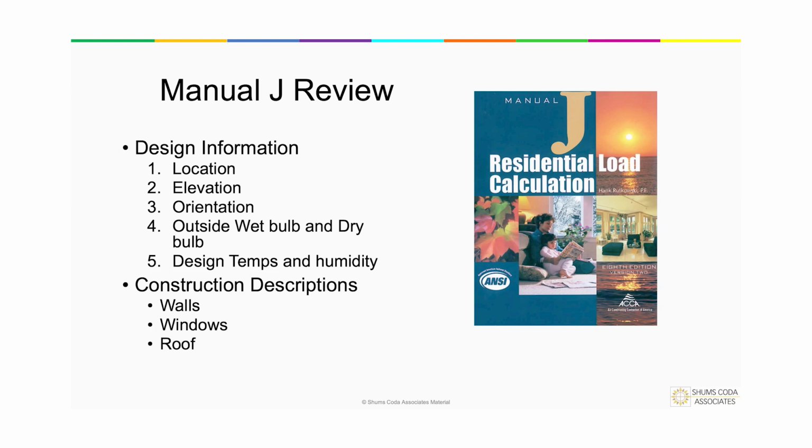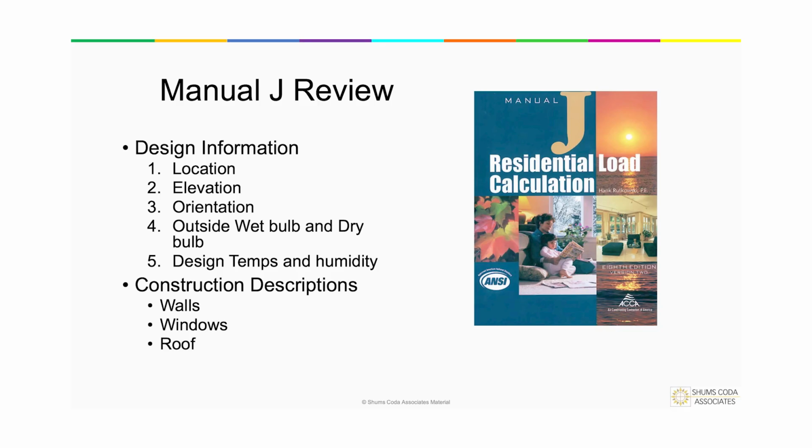And I make sure the outside dry bulb and wet bulb are correct, and that the design temperatures and humidity are correct. And I also make sure that all the construction descriptions placed in that Manual J match what we have as far as our thermal envelope on our construction plans.